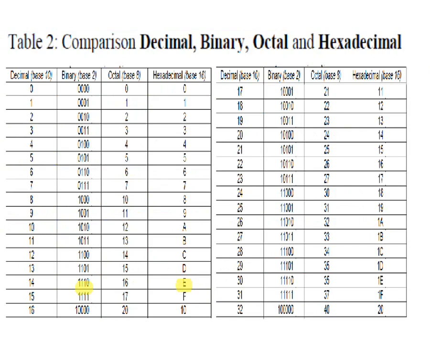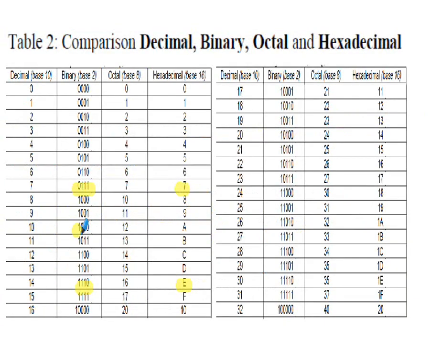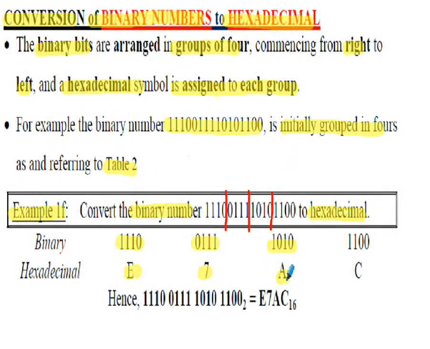So again, back to our table 2, and 0111 is 7 in hex. So we simply replace the 0111 with 7. Our next group is 1010. So back to our table. So 1010 in the binary column is A in hex. So we simply replace that with A.